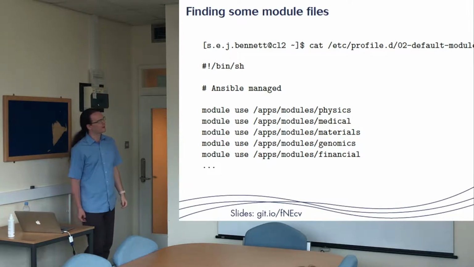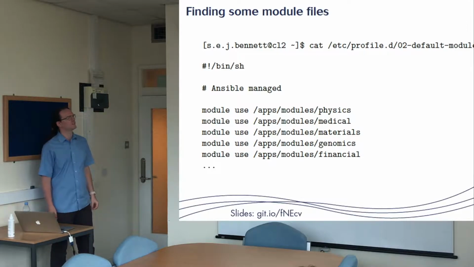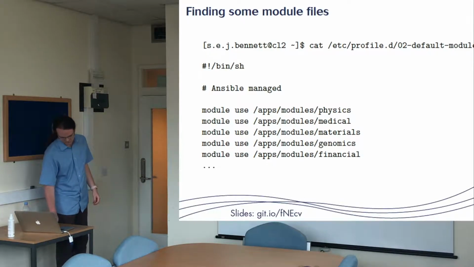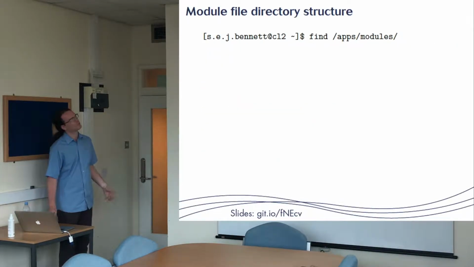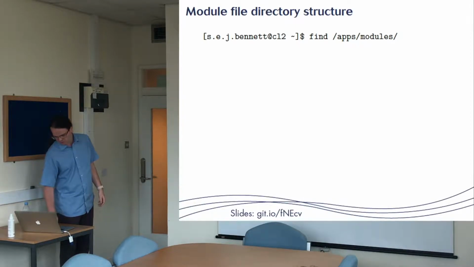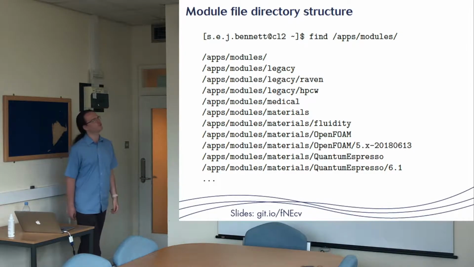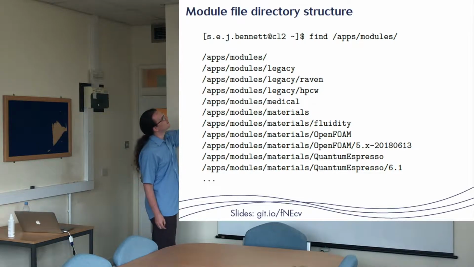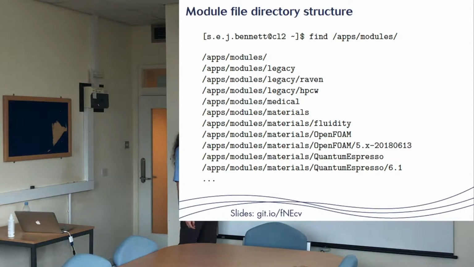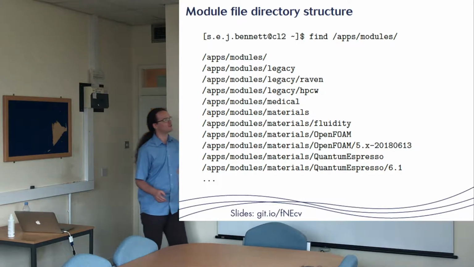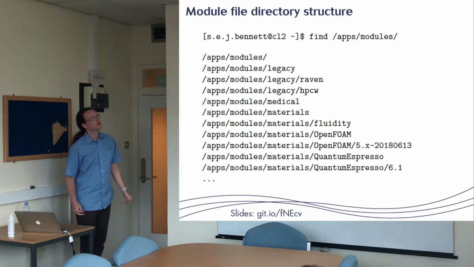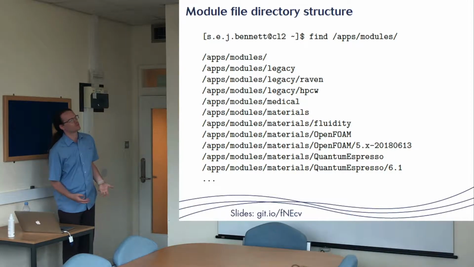The right-hand side is just directories, and we're telling module to look in these directories for modules. Let's look at what we find under /app/modules. You see there's this directory tree of the level that module use was looking at, and on the right-hand side, names of modules, treated like a tree structure of modules.